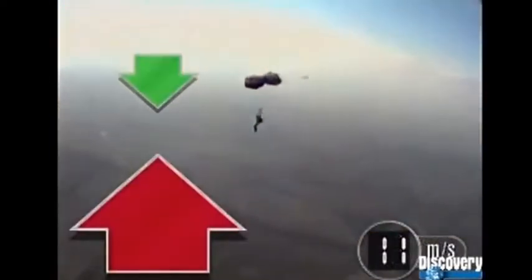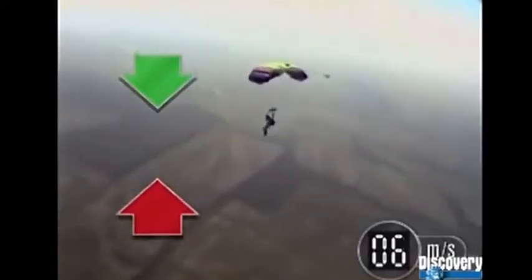Now the acceleration decreases, and after 1 minute we have the gravitational force and the force from the air resistance, and now the speed is constant also. They are the same. The net force in this case is also 0.